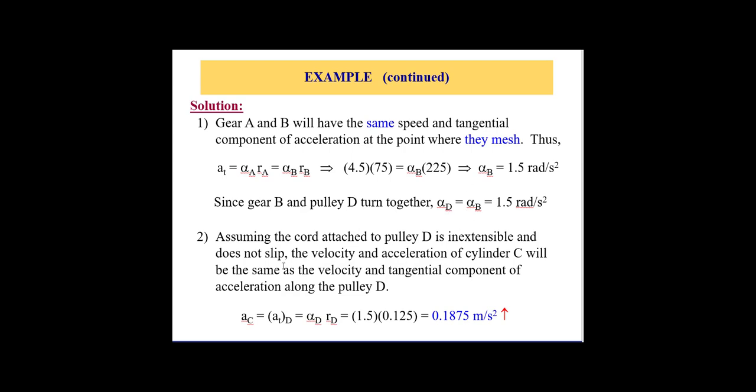Assuming that the cord is attached to the pulley D and does not slip, the velocity and acceleration of cylinder C will be the same as the tangential component of acceleration along the pulley D. Therefore, the acceleration of C is alpha D multiplied by R D.